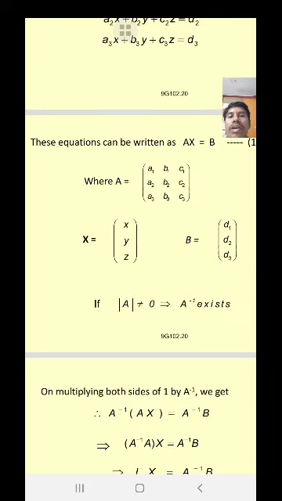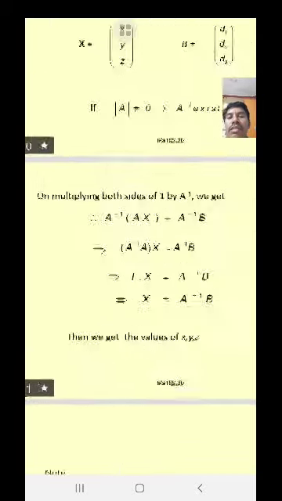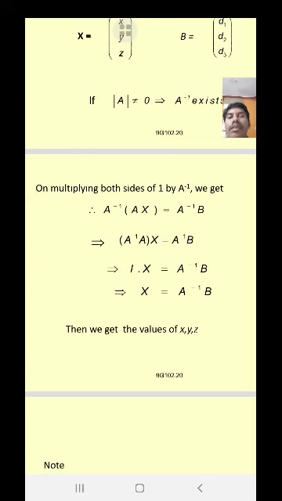So to solve the equations, first we have to find the determinant of A. Next step, see what is written here.